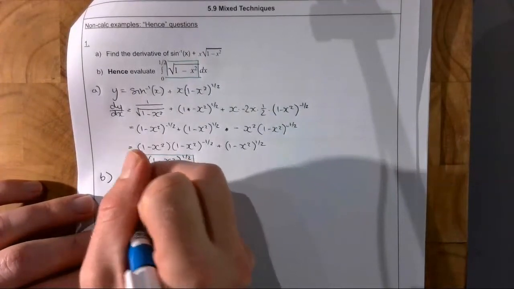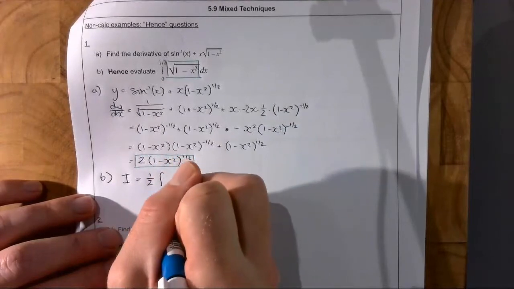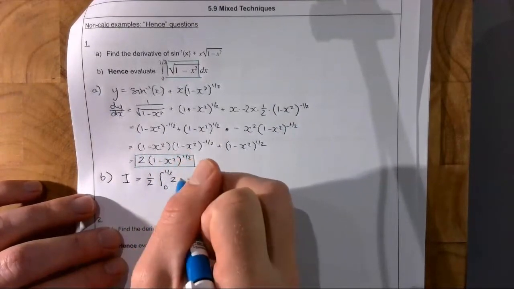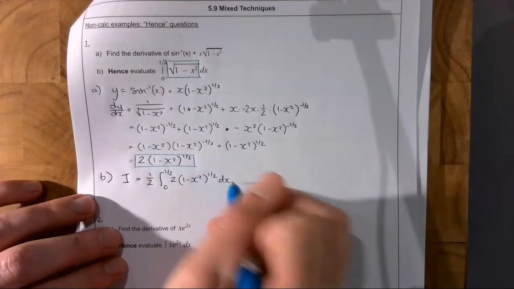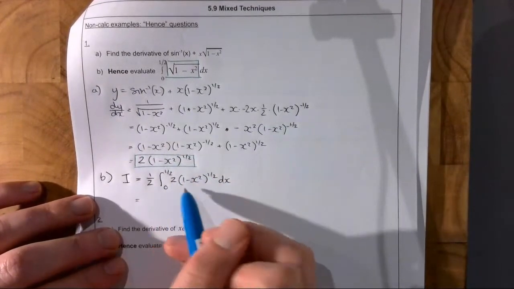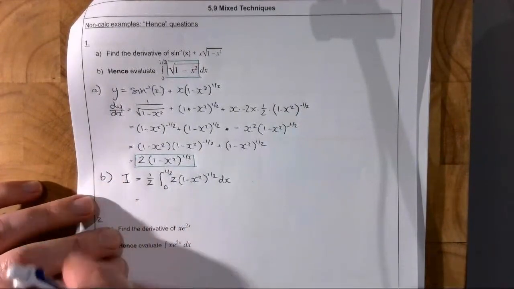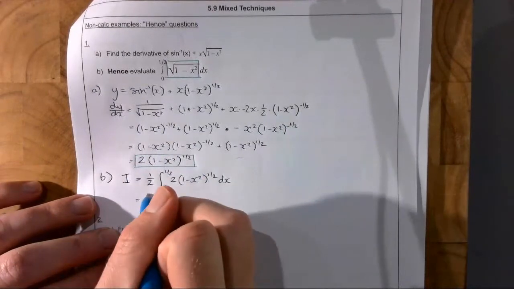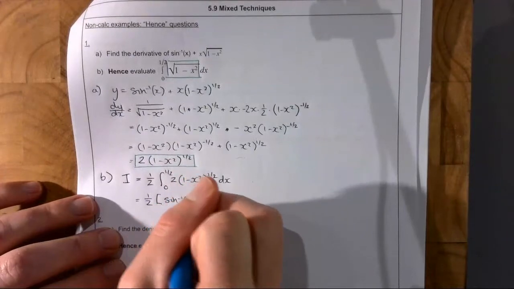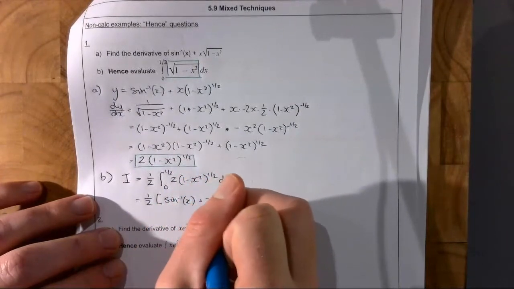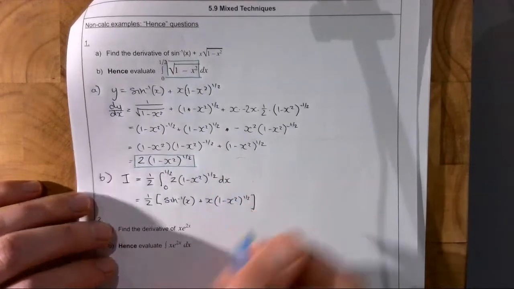So the integral we're given is a half times the integral between 0 and a half of 2 times 1 minus x squared to the power a half dx, always remembering our dx. And this result here, using part A, must integrate to sine inverse of x plus x times 1 minus x squared to the power a half.